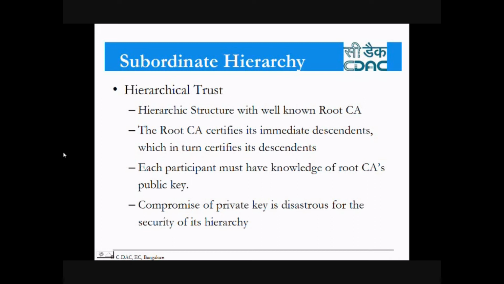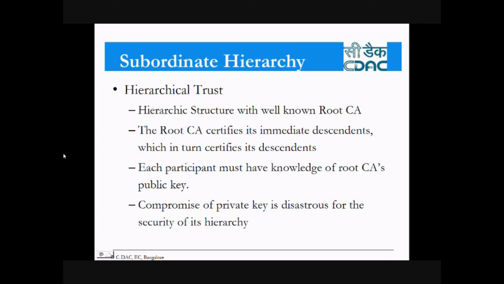The hierarchical structure is followed here with a well-known root CA. The root CA will certify its immediate descendants, particularly the certifying authorities, which in turn will certify their descendants. Each participant should have the knowledge of the root certifying authority's public key, so that he can understand a certificate that has been signed by any of the intermediaries.